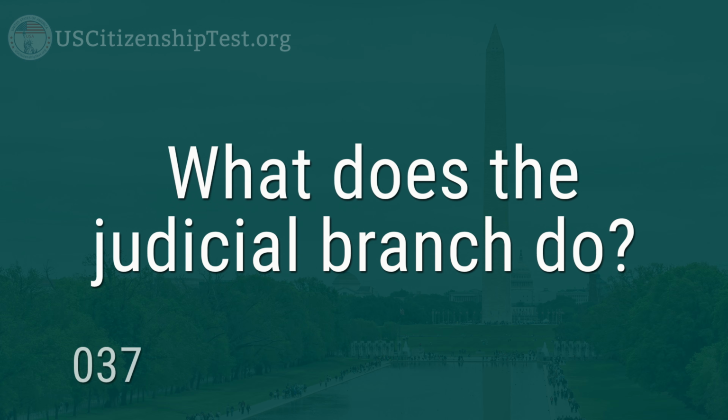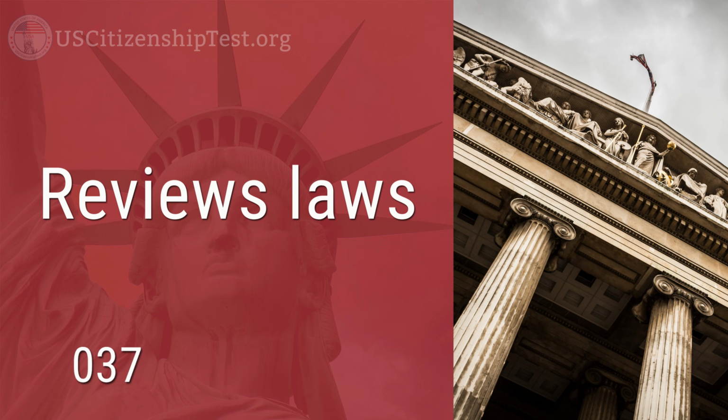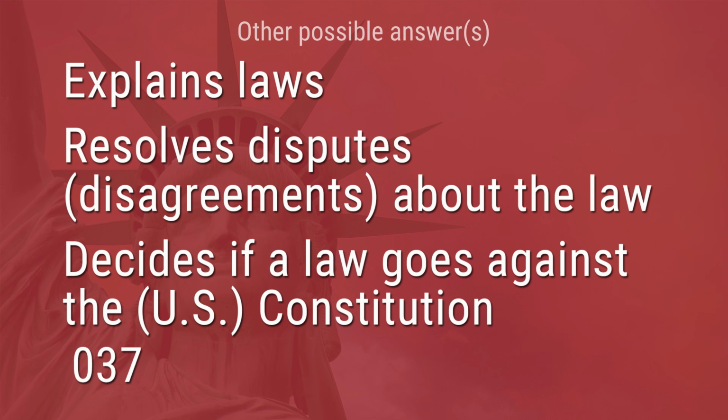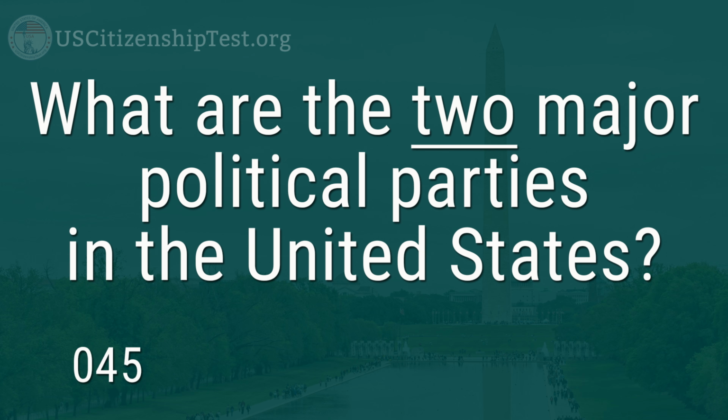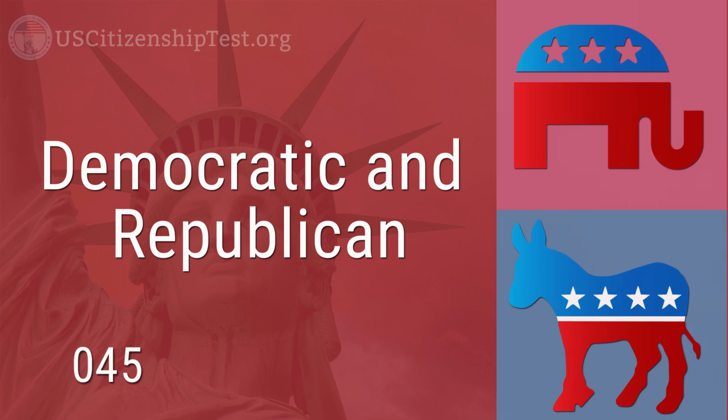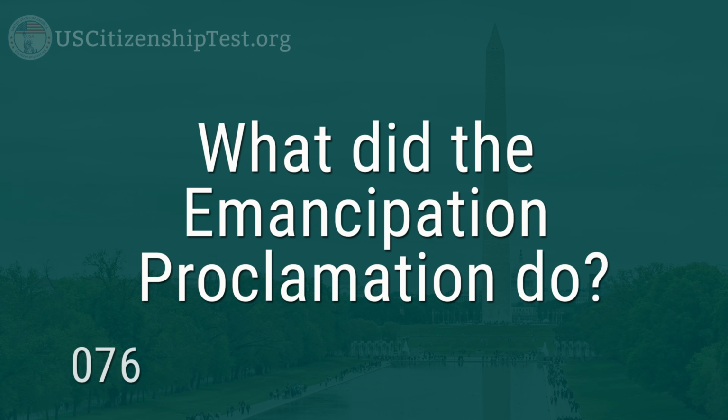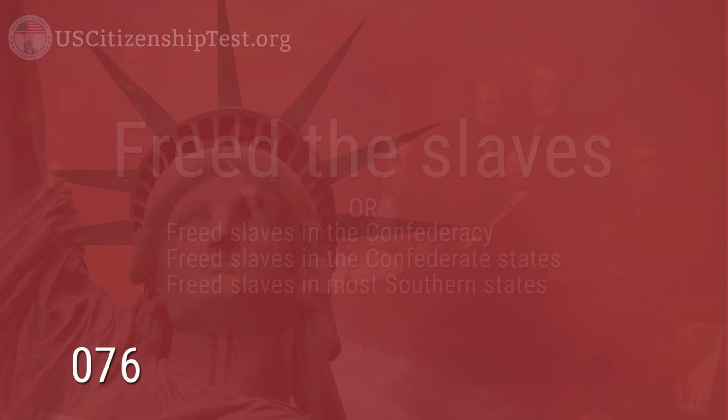What does the judicial branch do? Reviews laws. What are the two major political parties in the United States? Democratic and Republican. What did the Emancipation Proclamation do? Freed the slaves.